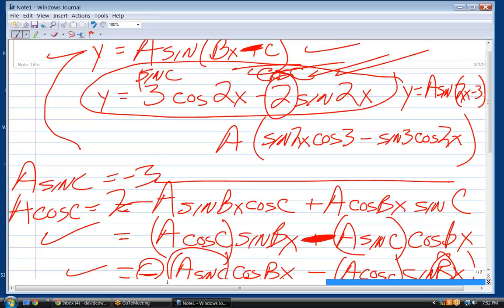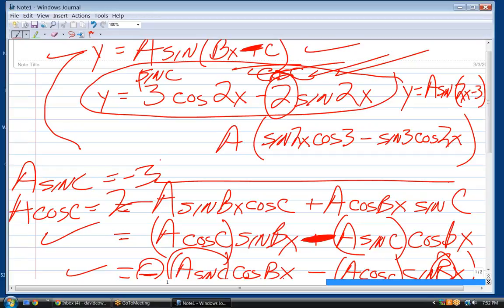Well, we need to switch them. Yes. Let me think for just a second. So we got the cosine.